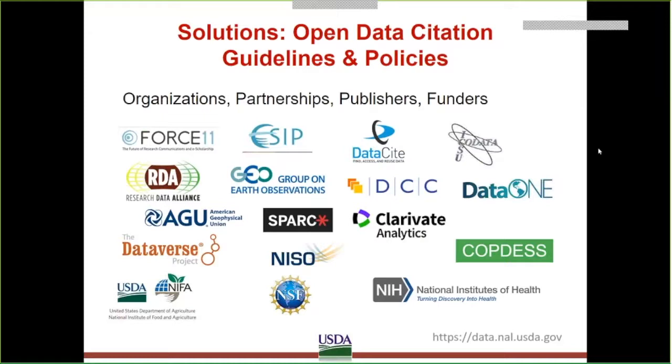These are organizations and coalitions, publishers, funding agencies, all making recommendations and guidelines. And links to all of these are included in the references list at the end of the presentation for you to study in detail later on if you feel so inclined.